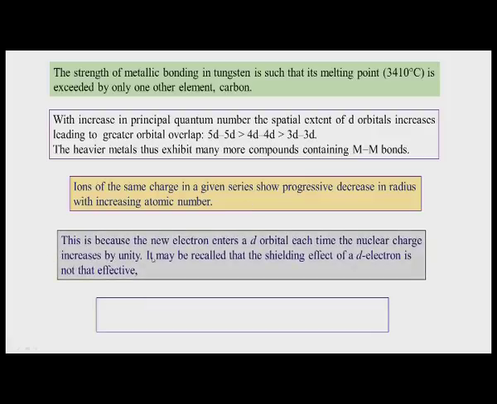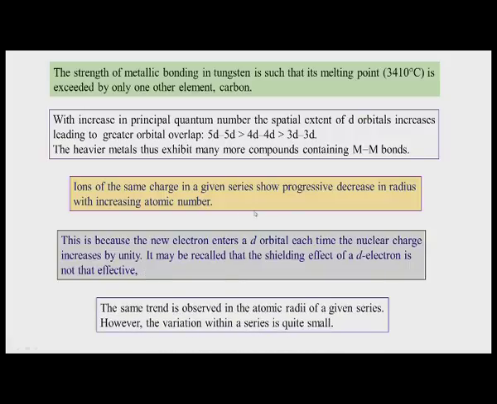And because of this, as we move one after another, the electrons are entering the d orbitals. We know the 5 different d orbitals are available to us, and each time the nuclear charge increases by 1 unit as we move from scandium to titanium, titanium to vanadium, till we reach copper. The shielding effect of the d electron is not that effective, and due to this ineffective shielding, the size is decreasing.